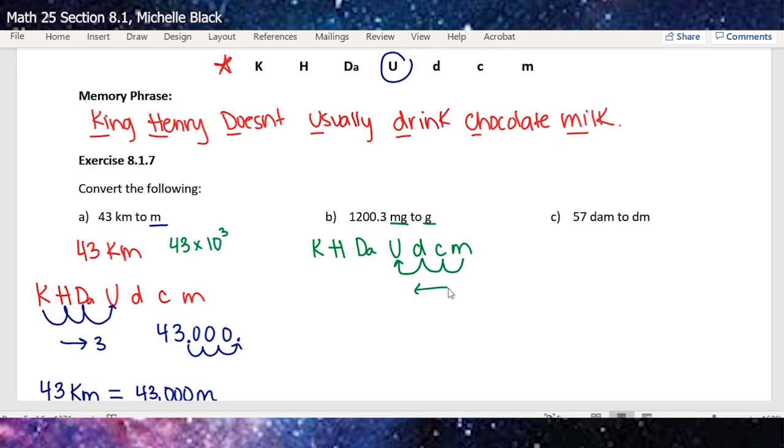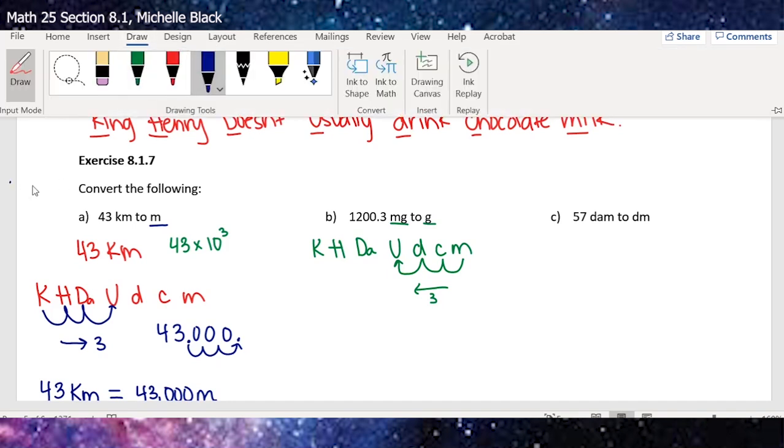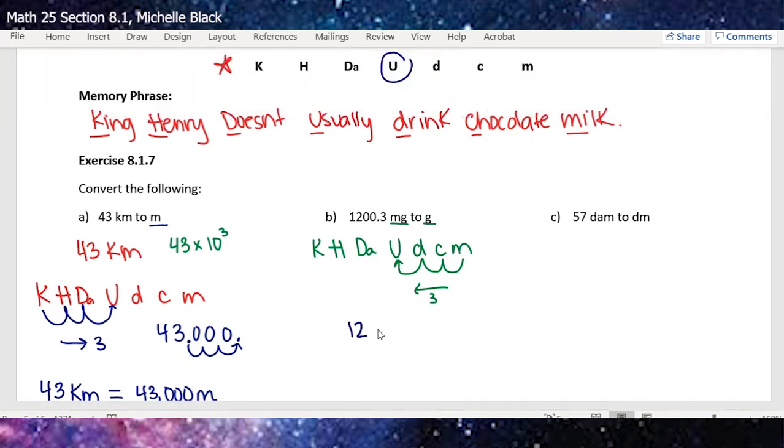So now I'm doing 3 to the left. So I take my value, which is this 1200.3. I go to my decimal point and I move it 1, 2, 3, and it's going to end up between the 1 and the 2.